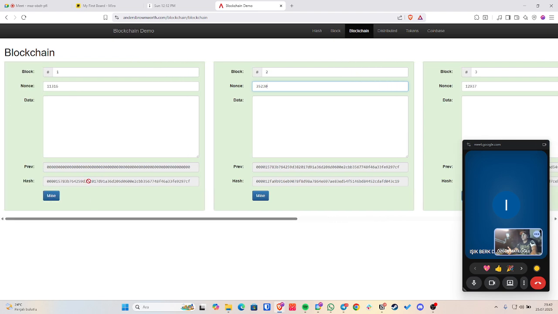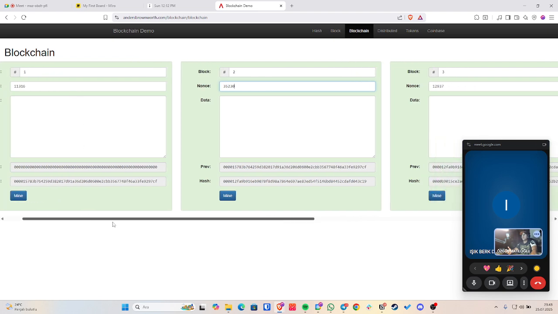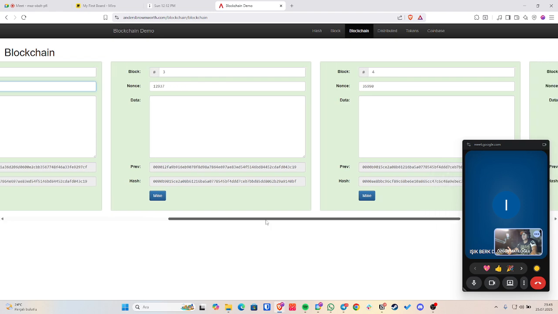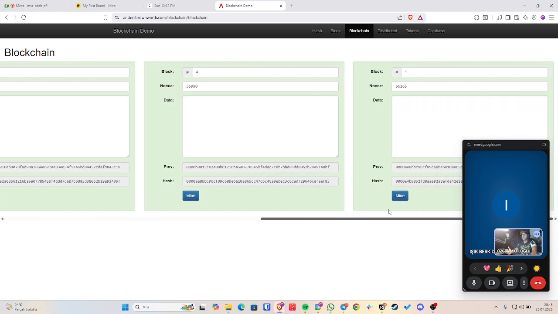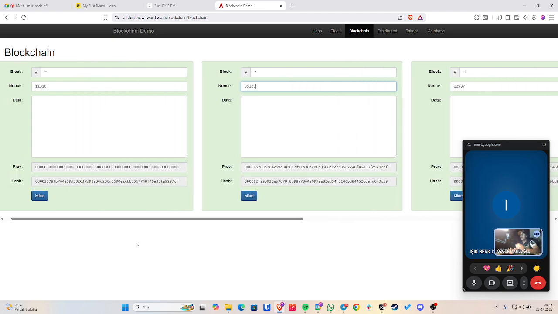For block one it's difficult. For block two it's difficult. Block three is difficult. For block four it's difficult. For block five it's different. The difficulty target changes all the time.